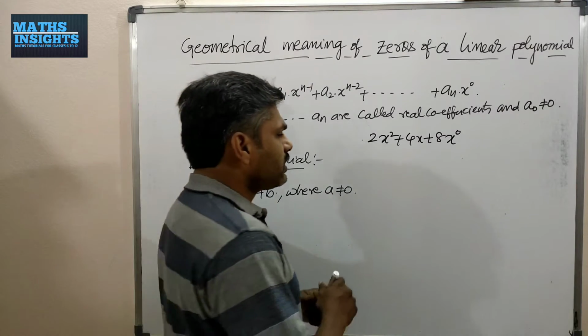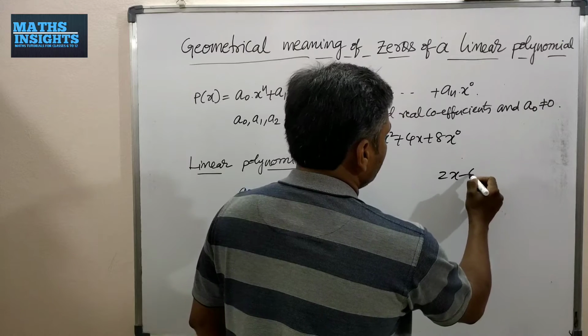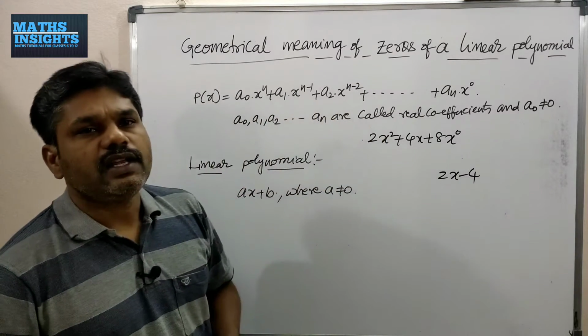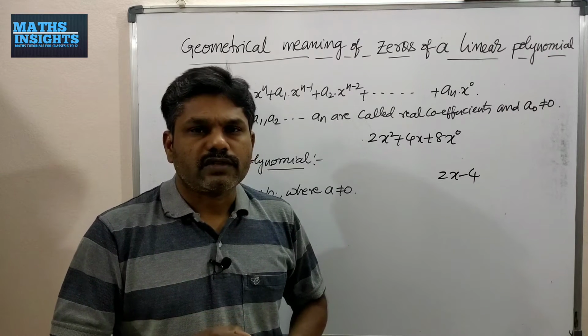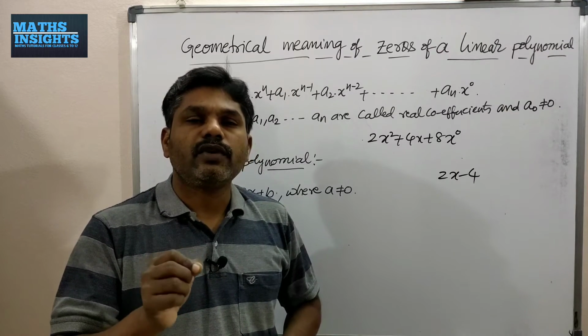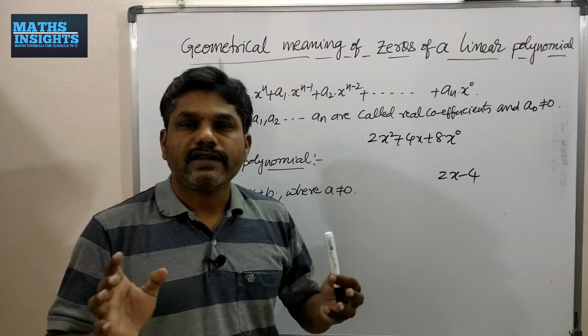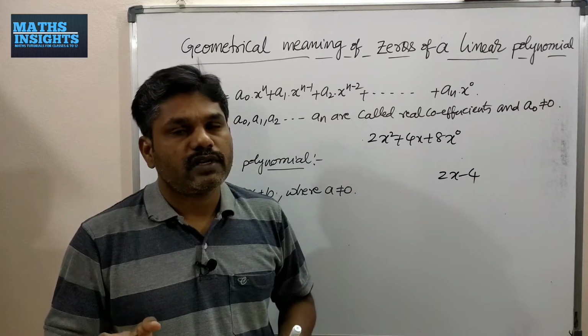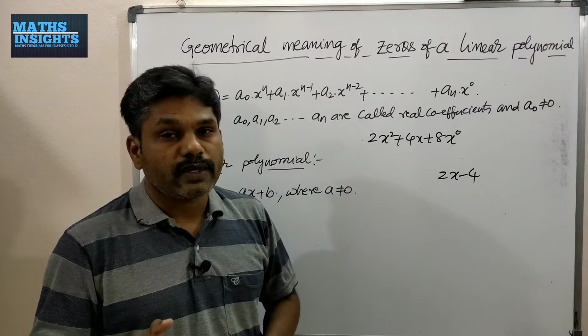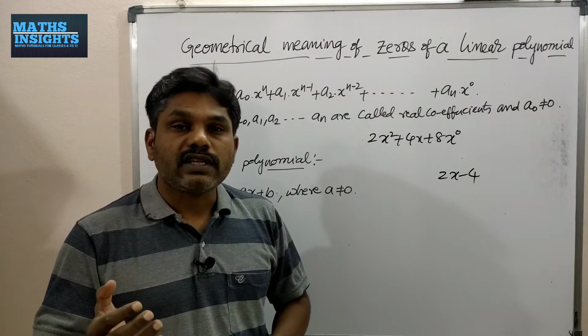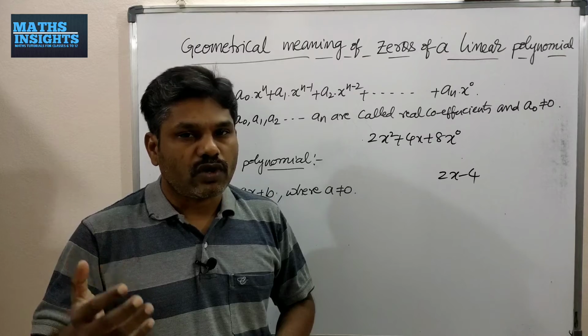I am taking for example 2x minus 4. This is a linear polynomial. You know types of polynomials. If degree of any polynomial is 1, then that is said to be a linear polynomial. If degree is 2, that is said to be a quadratic polynomial. And if degree is 3, cubic polynomial and so on.